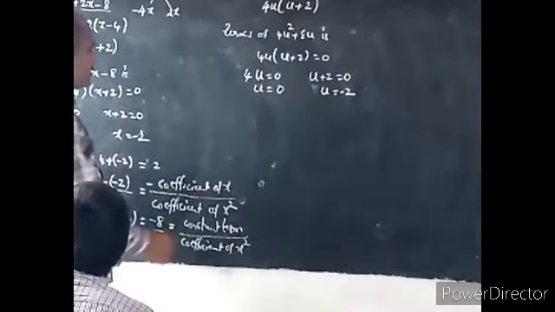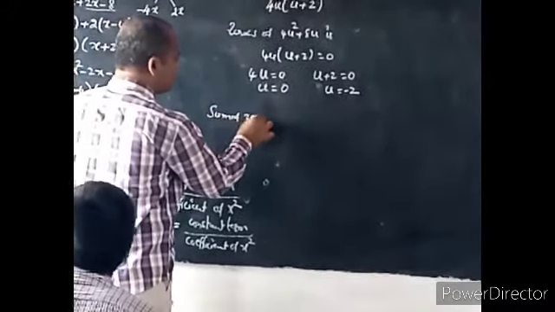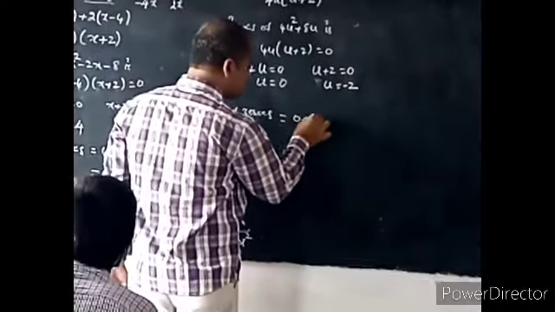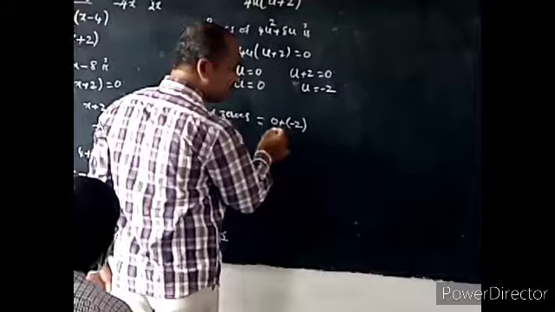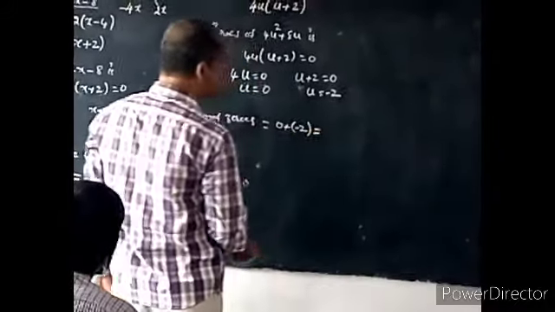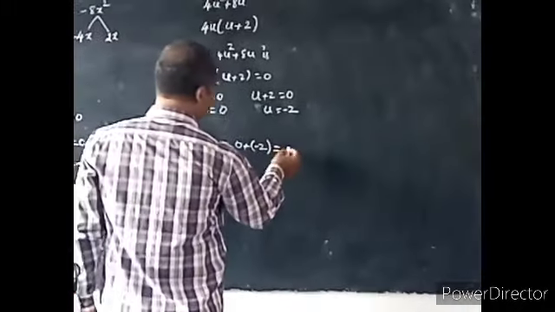Now write the sum of zeros and product of zeros. Sum of zeros is 0 plus minus 2. How much is that? Minus 2.